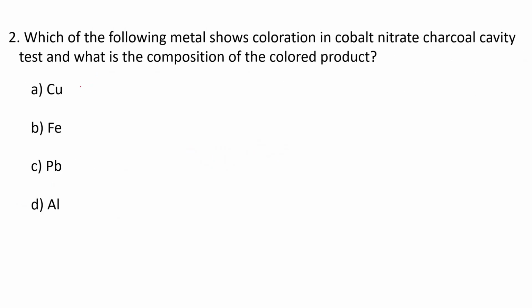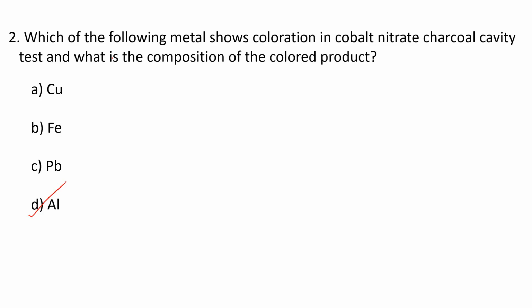Now coming to the second question. Which of the following metal shows coloration in cobalt nitrate charcoal cavity test, and what is the composition of the colored product? Think about it. Here the correct answer is aluminium. Why?